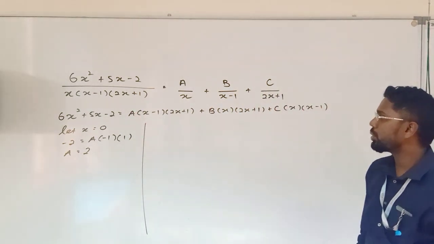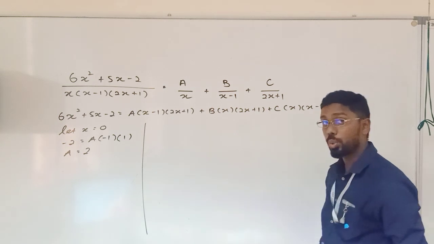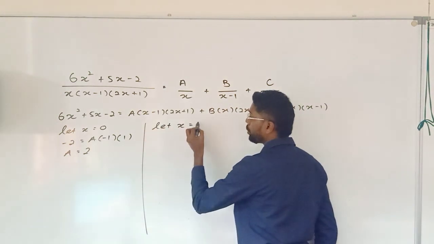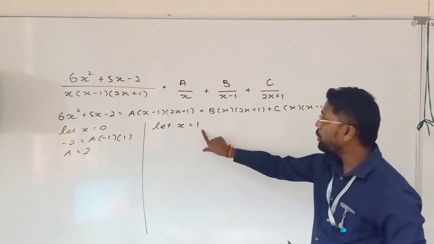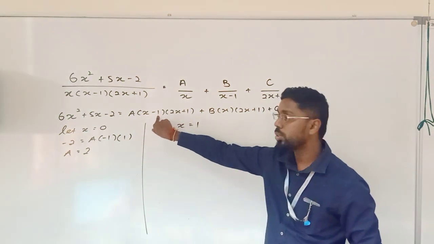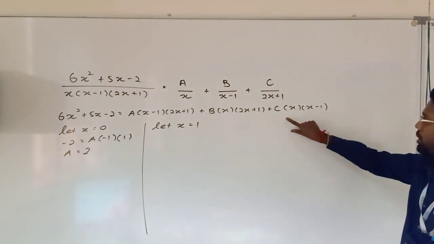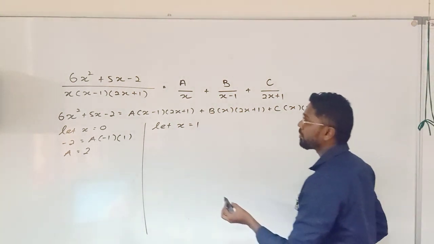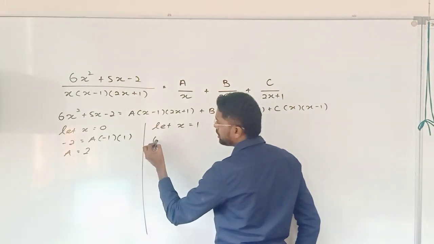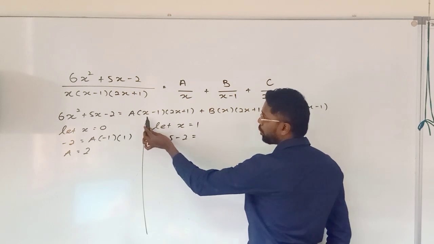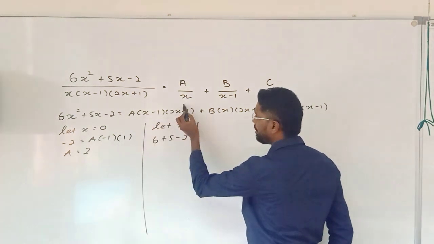So let x equal to 1. Why do I put 1? When I put 1, 1 minus 1 is 0, so this will be eliminated. And here 1 minus 1 is 0, so this is eliminated. So it's going to be 6 plus 5 minus 2 is equivalent to, for a, 1 minus 1 is 0, so this is eliminated.